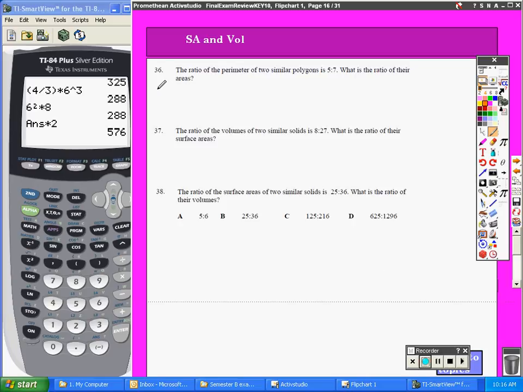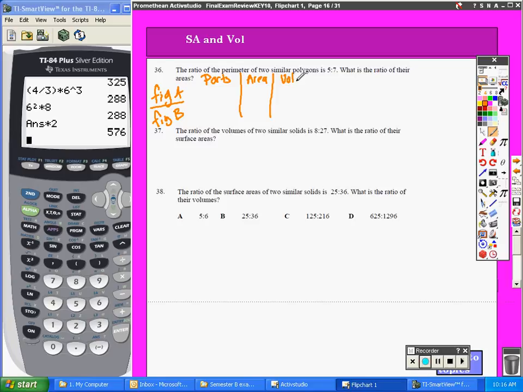If we have two figures, like figure A and figure B, and I make a ratio of their different parts, I can make a ratio of three types of measurements of them. I can make a ratio of their parts, or I can make a ratio of their areas, like their surface areas, or I can make a ratio of their volumes.